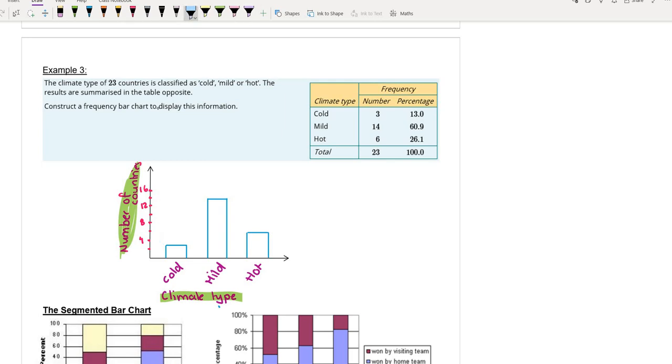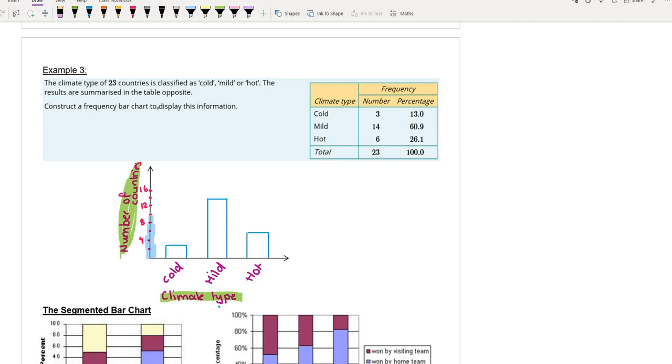So it only goes up to 16 because the highest number I'll need to represent is 14 and the lowest number I represent is 3. So I've decided to go up by 2 every step rather than 5 or 10 or 1, because 1 would be too many to go all the way up to 14.